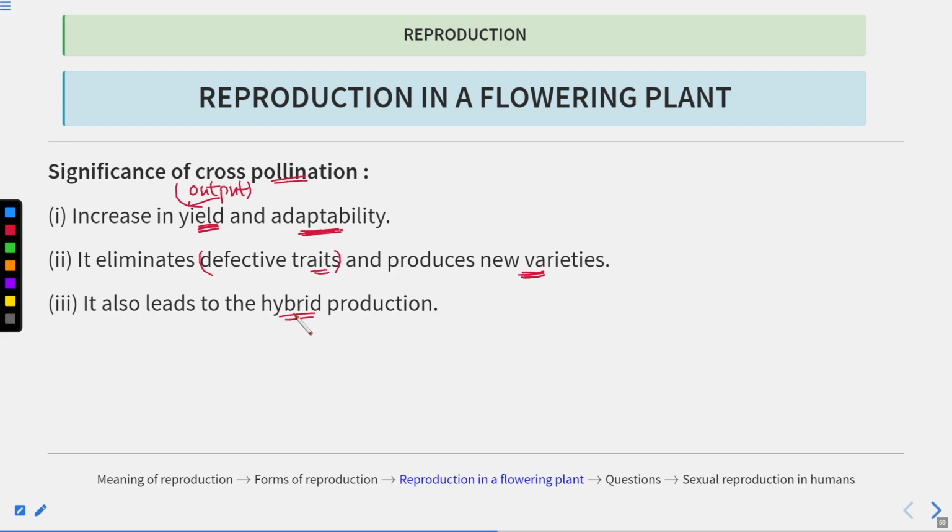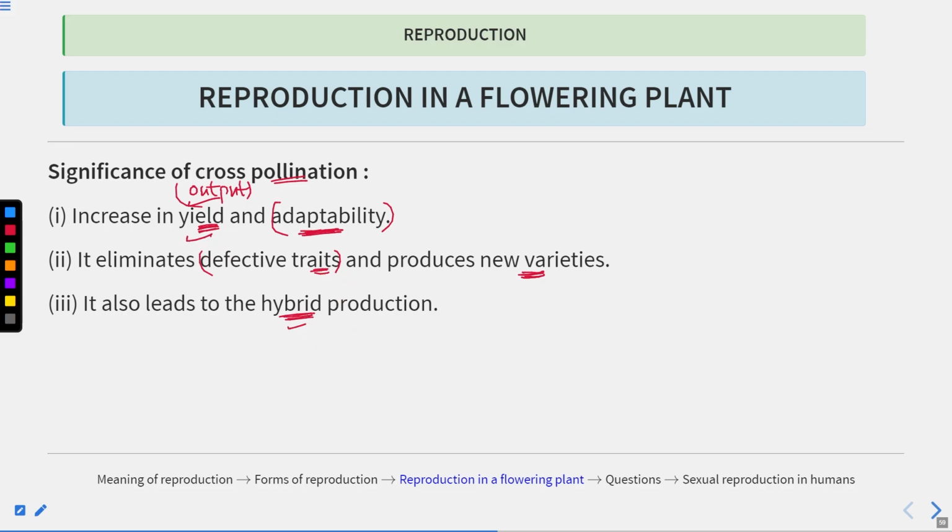Because the two parents involved in cross-pollination are not that closely genetically related, both parents have some special characters, and those special characters help the plant adapt to the environment. So these characters are selected, and a hybrid is produced, and this hybrid will have better yield and will be more adaptable to the environment.